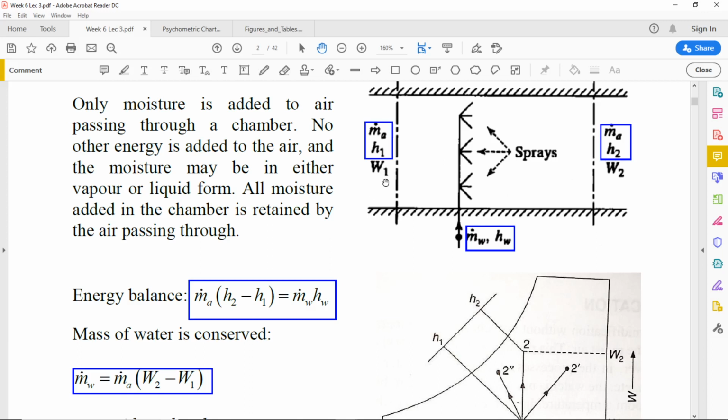So at state 1 we will have m dot A times W1, to which we have added the water at the rate m dot W, and at the end of the process we will get the mass flow rate of water equal to m dot A times W2. As before, we collect the terms which have m dot A on one side, and you will get m dot W is equal to m dot A times (W2 minus W1).